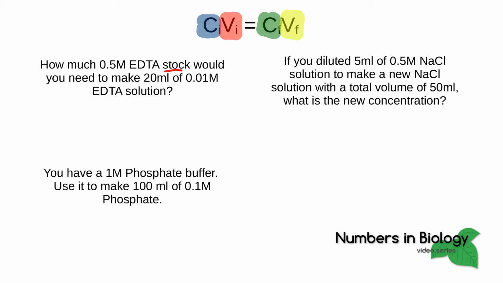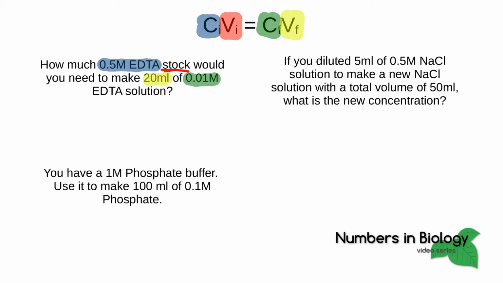The stock solution is our initial situation. And so what we have from the initial solution is the concentration. So 0.5 molar of EDTA stock is our initial concentration. The final concentration that we're trying to make is over here, 0.01 molar. And the final volume is 20 milliliters.